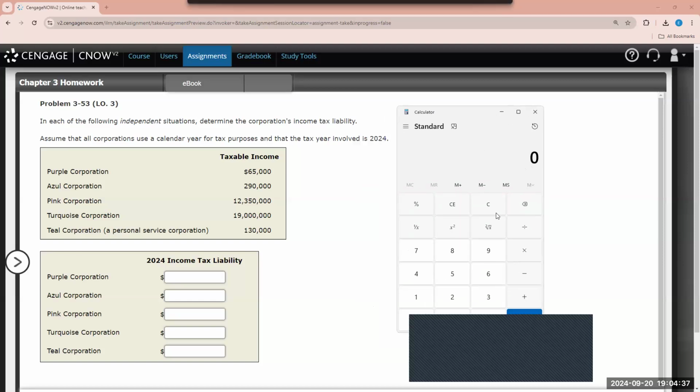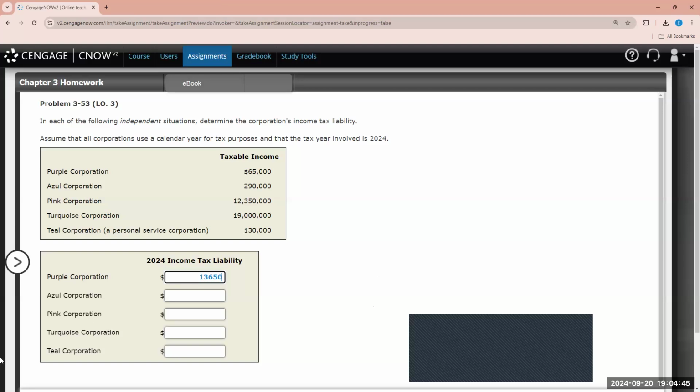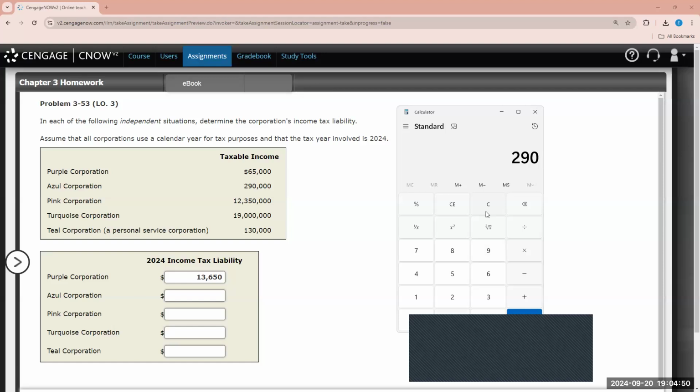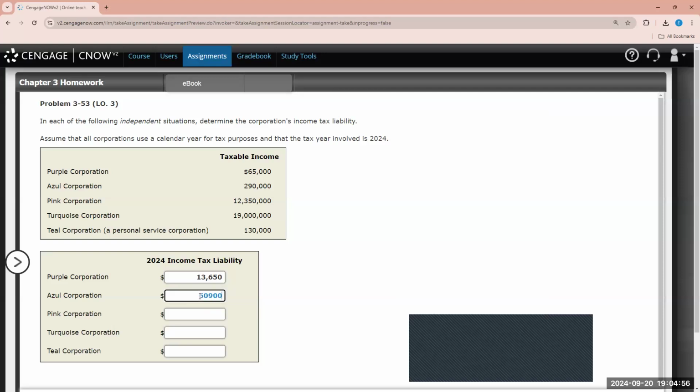So for each of these corporations, we're taxing it at 21%. So 65,000 multiplied by 21% is 13,650. For Azul Corporation, their taxable income of 290,000 multiplied by 21% is 60,900.